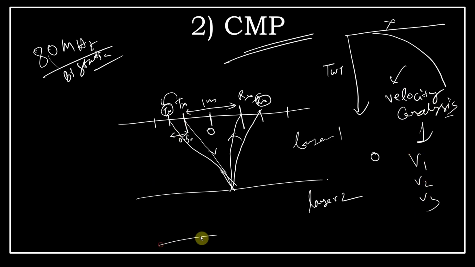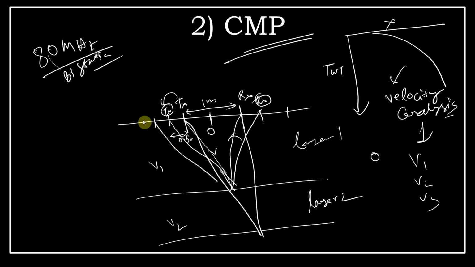So suppose there is another layer, and this velocity is V1, this velocity is V2, radar signal velocity, or EM velocity. I'm not drawing it properly, it could be like this. The more the separation of transmitter and receiver, the more depth you can image, okay.